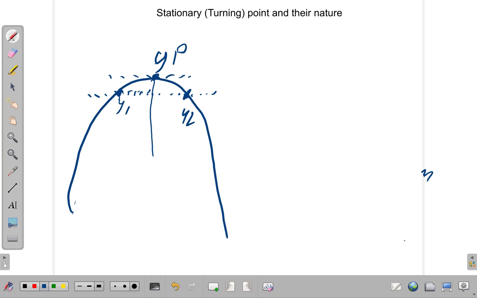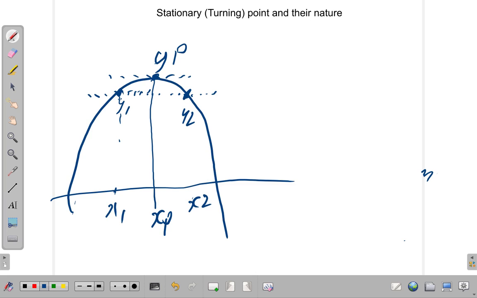And if the turning point is at x equal, say, xp, this would be x1, this would be x2. x1 and y1 correspond, x2 and y2 correspond. When you calculate the value of the point at x1, you get y1. When you calculate the value at x2, you get y2. But the value at xp is yp.